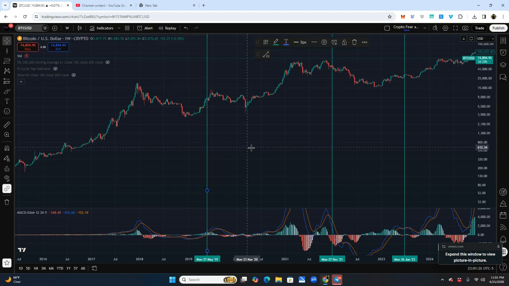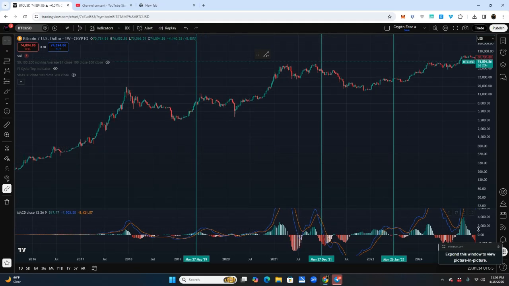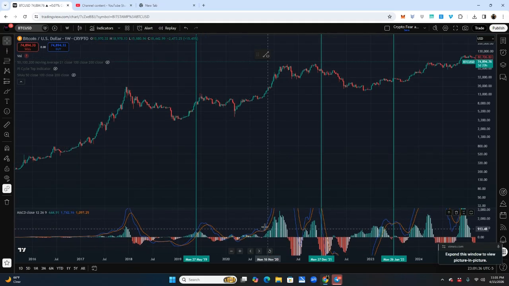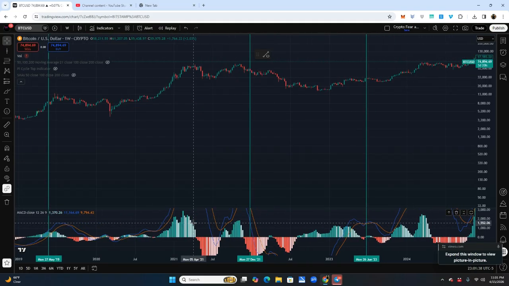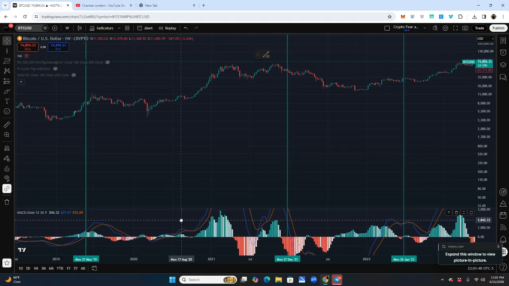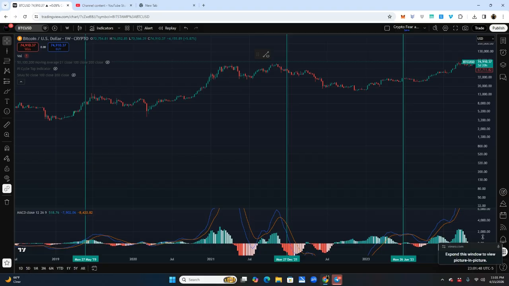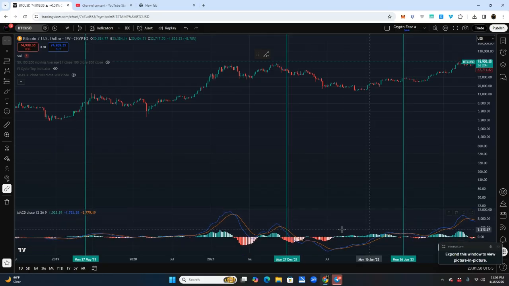Okay, so if you want to pick just a measured move, if you wanted maybe a smaller percentage gain, a lot of the times you can do that whenever it crosses on a weekly. Like for example, if you look right here, you crossed right here, and then it continued to go up. You had a fake out, but it didn't cross back down until about right here.